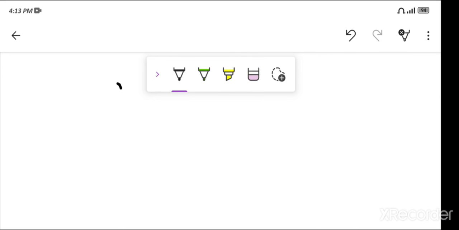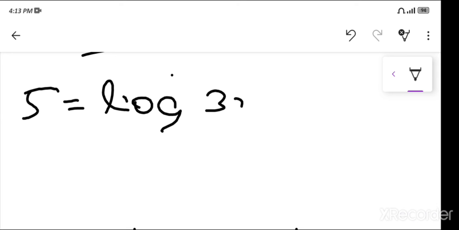Let us do the reverse now. What if I give you 5 is equal to log 32 to the base 2? How are you going to do this one?